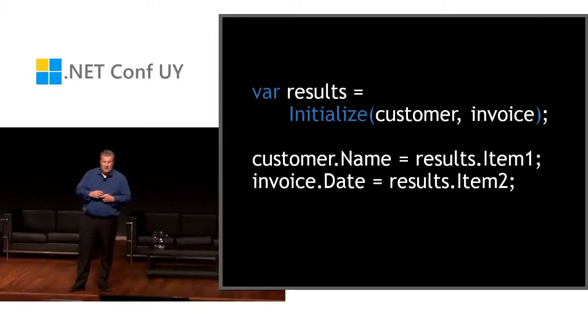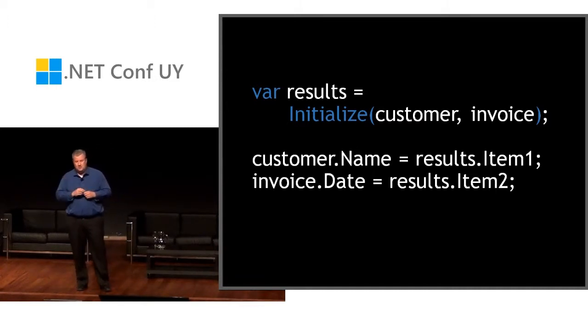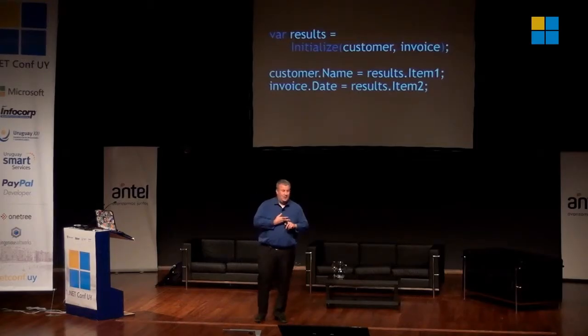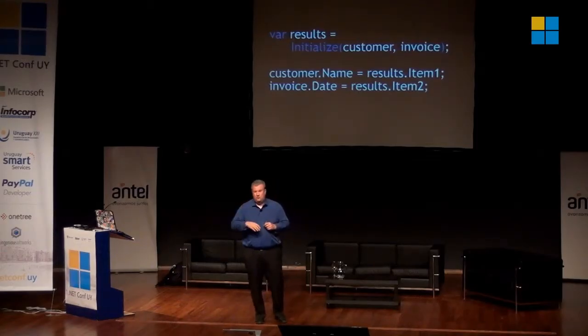So this initialize call is returning a tuple that we've called results, and then we can set the customer name and the invoice date using results.Item1 and results.Item2. So this is the tuple structure. When we've defined it, we've said there are two different values on it, and they're named Item1 and Item2. If we'd put 4 on there, there'd be Item1, 2, 3, and 4 available to us.